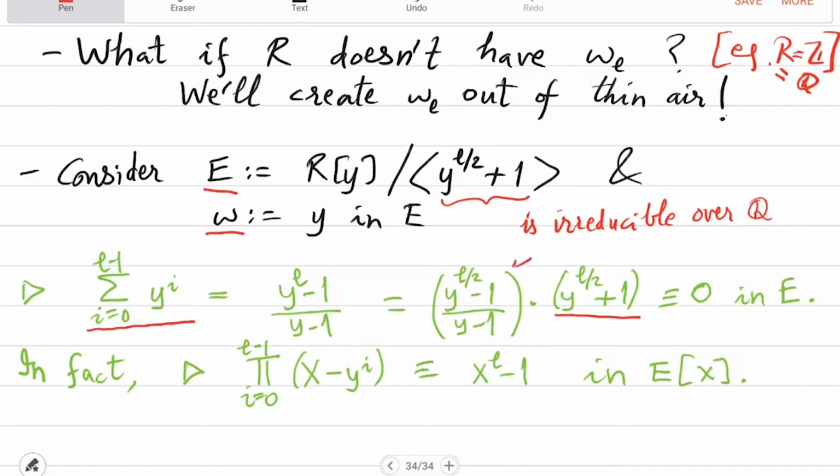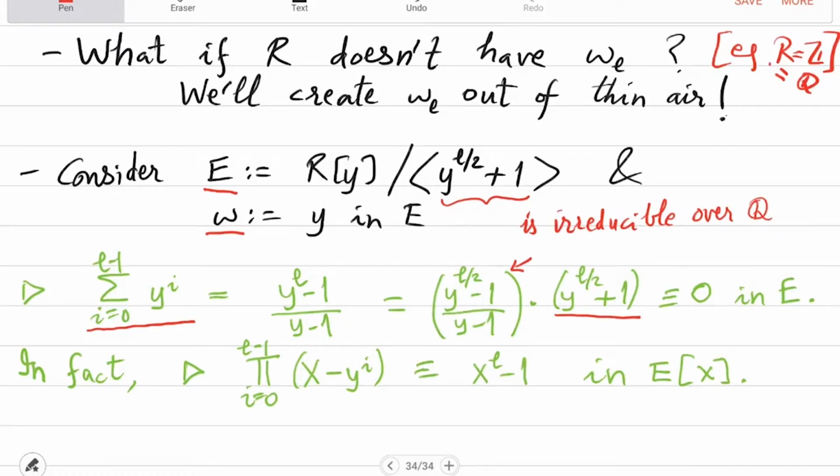You can see that this is actually a polynomial factor times another factor, which in E is 0, because y to the L by 2 plus 1 is 0. So that is the beauty of this modulus, that sigma y to the i actually vanishes. That is one of the key identities you need for polynomial multiplication.